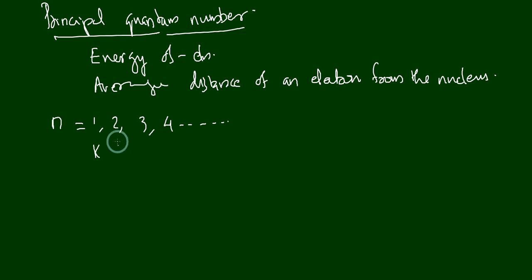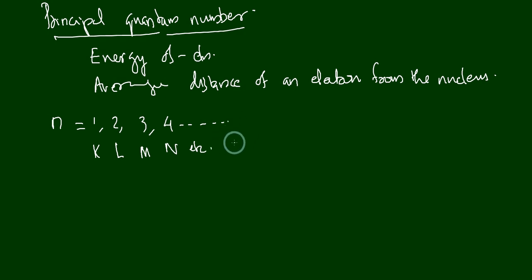If n is equal to 2, it represents the L shell, if n is equal to 3, the M shell, and if n is equal to 4, the N shell, etc. Actually, these are quantum mechanical consequences.